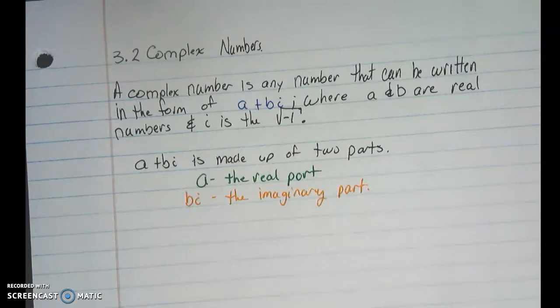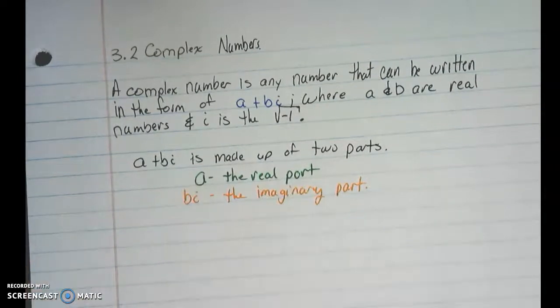It's complex numbers. A complex number is any number that can be written in the form of a plus bi, where a and b are real numbers, so anything on the number line, and i is the square root of -1. So a plus bi is made up of two parts.